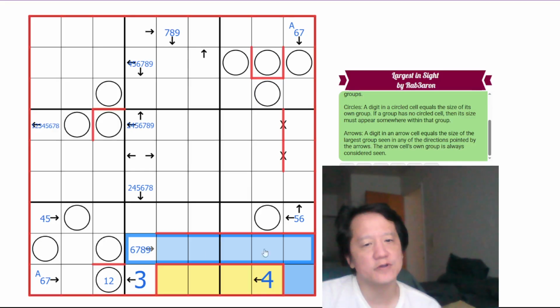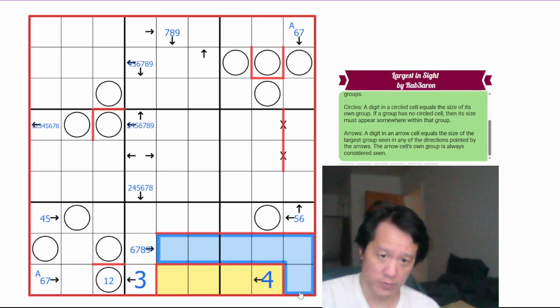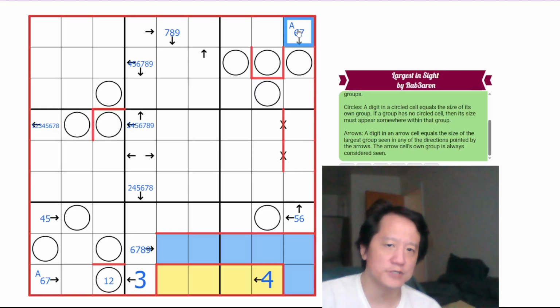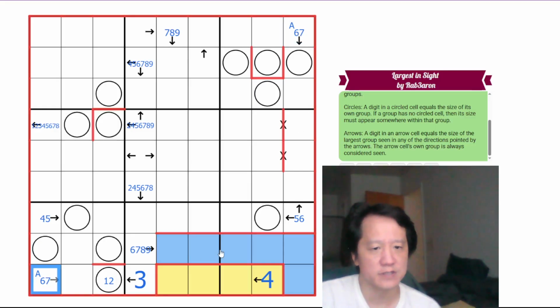If it sees the blue only, that means... So say this was cut off here at 6. The problem is this would then be 6. This would then be 6. So 6 couldn't be here.